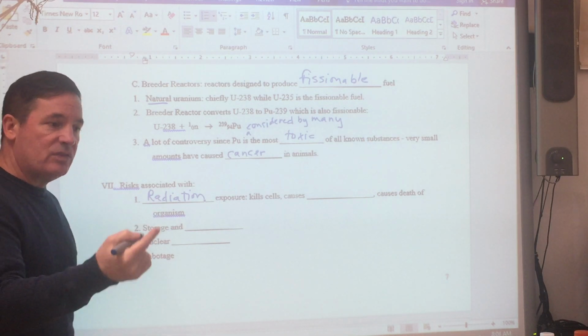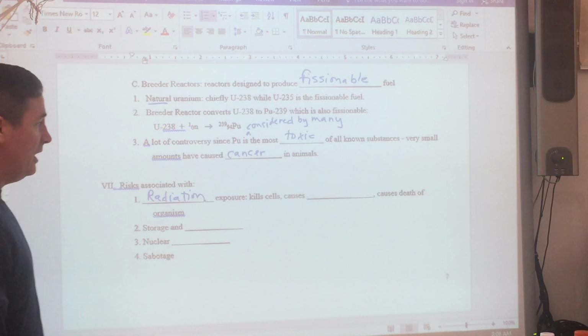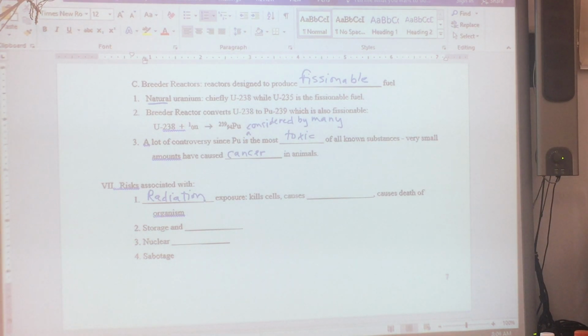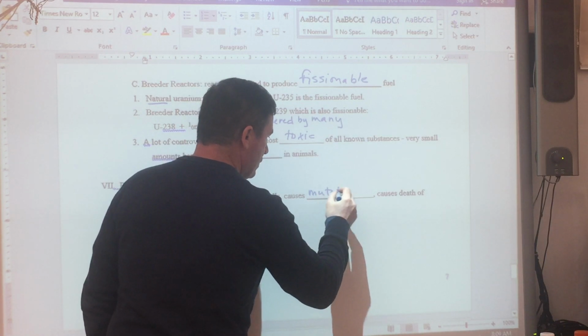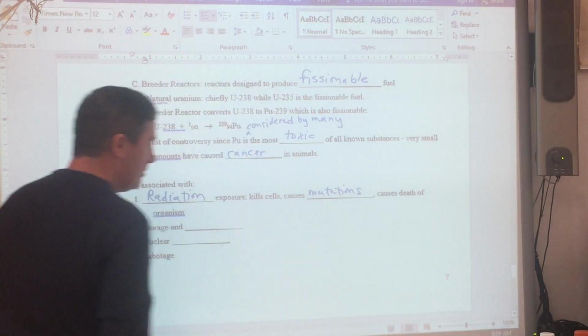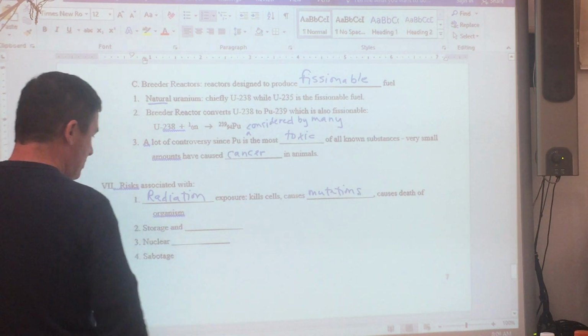Ionizing radiation is that radiation that can cause damage to our DNA. This type of radiation can kill cells, certainly cause mutations to your DNA, which can eventually cause the death of the organism.